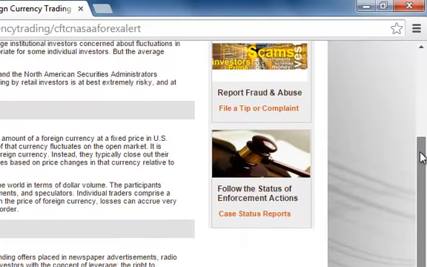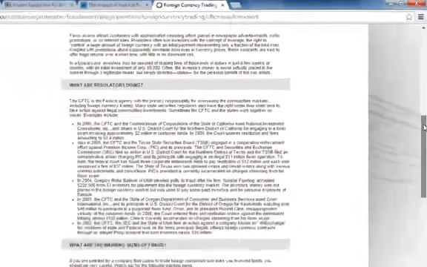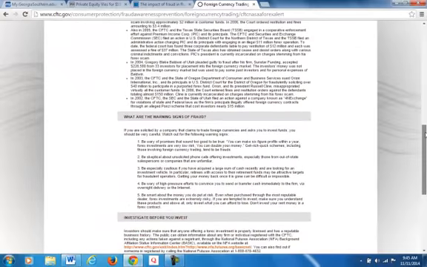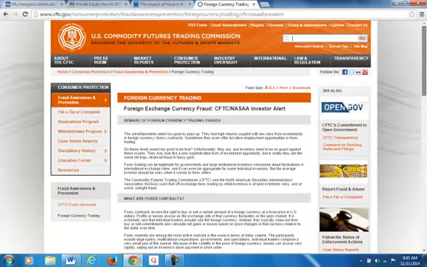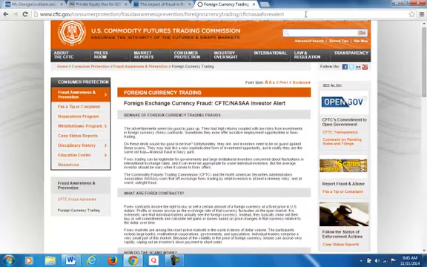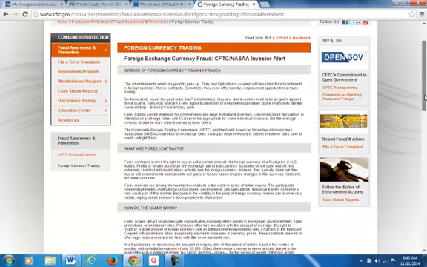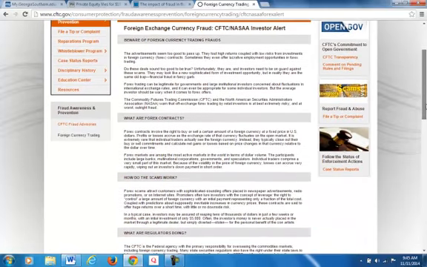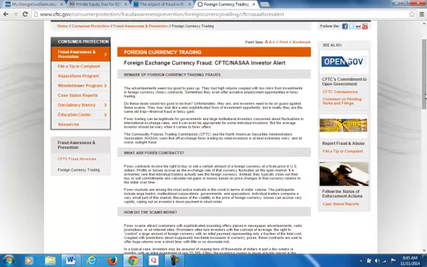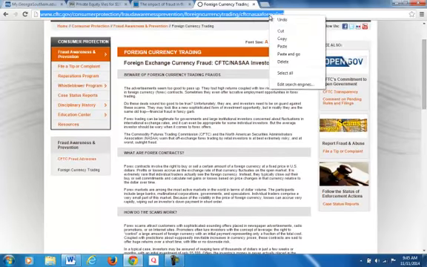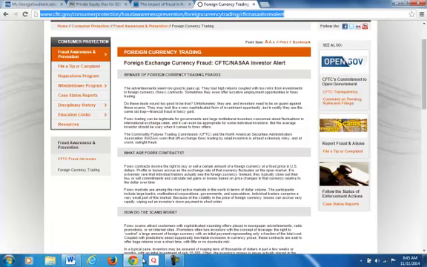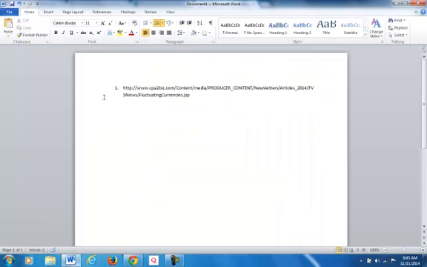This article describes how the scams work, what regulators are doing to help combat them, and the warning signs of fraud. This looks like it would be good for the background of the paper or for an introduction. I'm putting the website in the Word document as number 2.